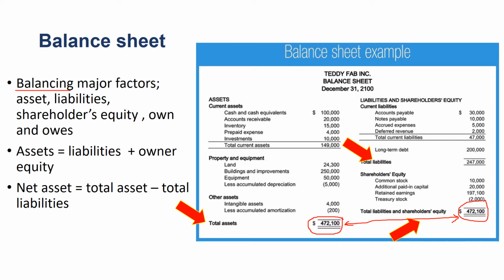We also will know the total assets, which is based on liabilities plus the owner equity, and we will get to know the net assets, which is the total assets minus the total liabilities.